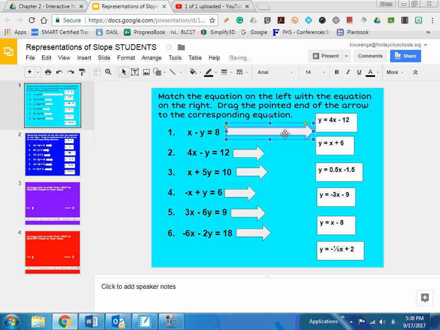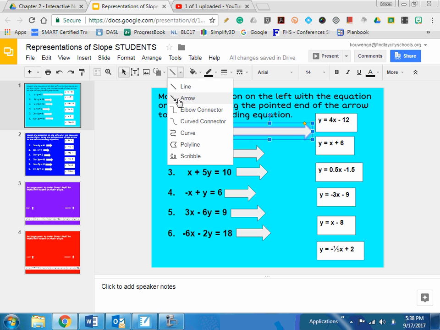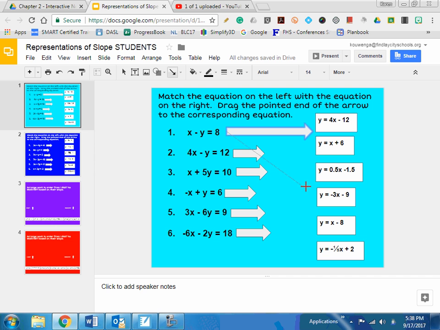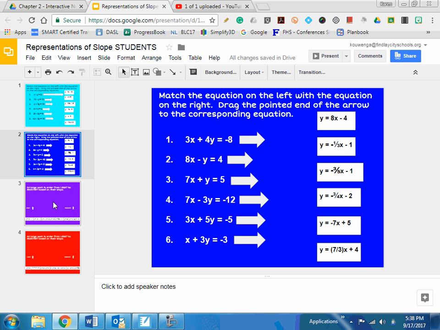All right, so that's not working. I'll fix the arrows, but you're just going to drag it over. If you wanted to match it up with this one, you're going to draw it like this. I will fix that to make sure it works. It's just a matching like that. There are 2 of them like that.